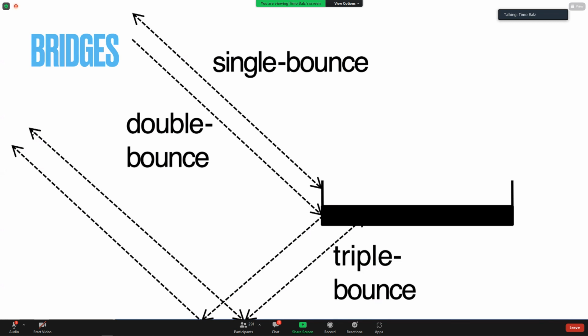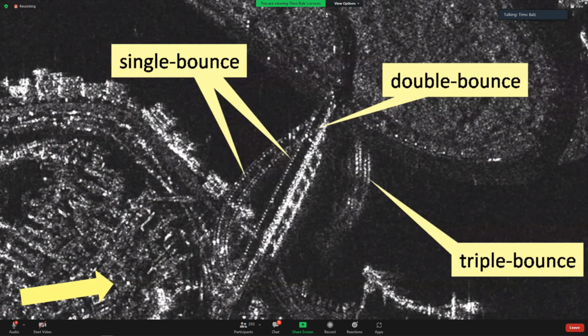That's how we know it: we know the path length, and we can get the geometry of it. It's based on the geometry of the signal. So again, here we can see the single bounce, and we identify it just by the timing.